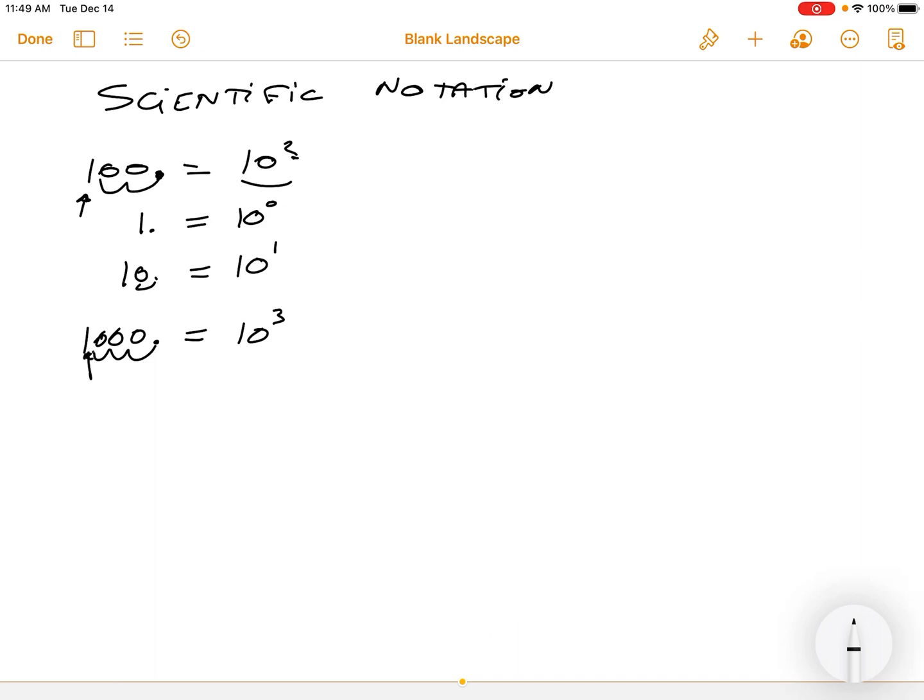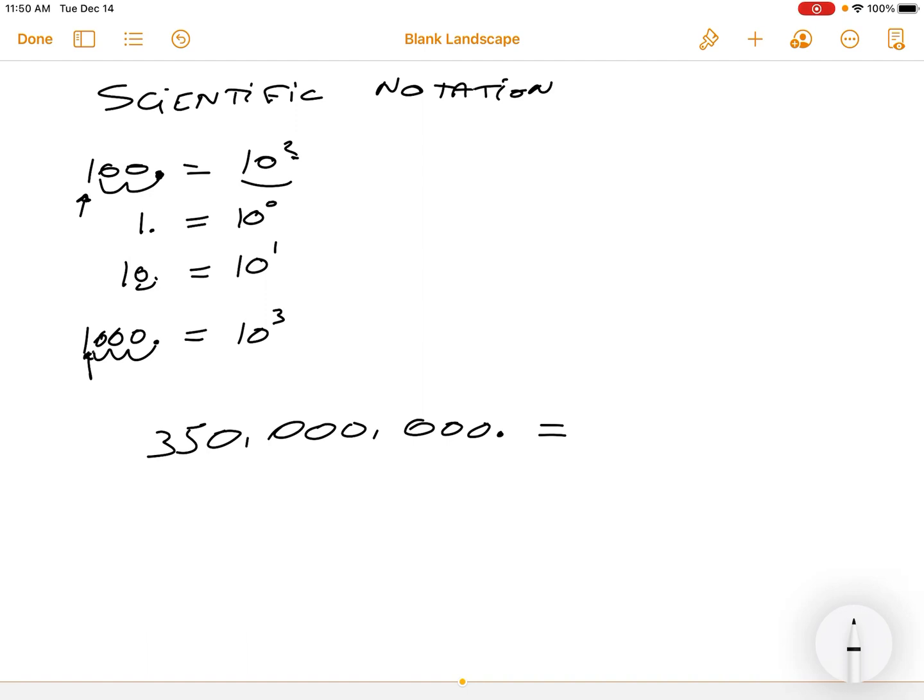So let's take a concrete example, one of those big numbers that we use in astronomy. Let's use 350 million. In this number, your decimal would be right there. Now when you're going to write this in scientific notation, you first need to decide where you are going to place the decimal for the scientific notation.